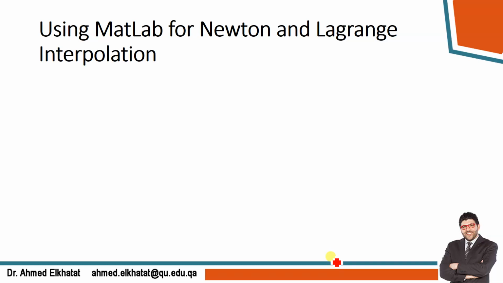Since we now understand the formulas of Newton and Lagrange, we can write a script for them in MATLAB. So now let's start with the Newton method for interpolation in MATLAB.